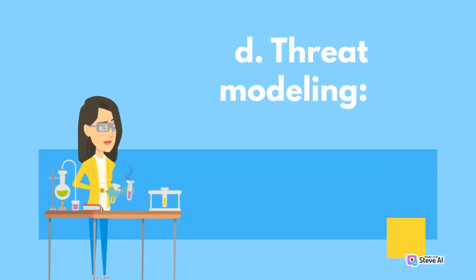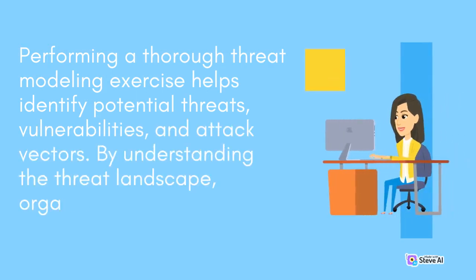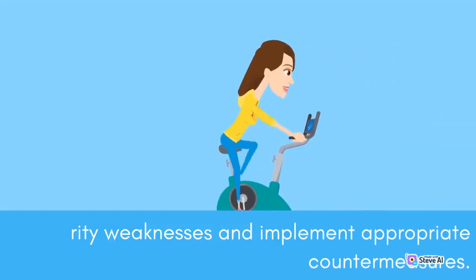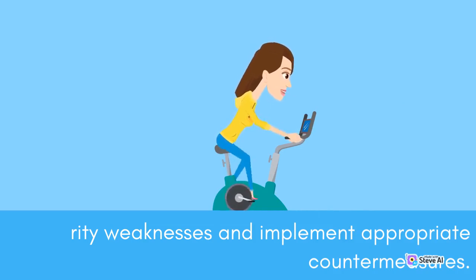D. Threat modeling. Performing a thorough threat modeling exercise helps identify potential threats, vulnerabilities, and attack vectors. By understanding the threat landscape, organizations can proactively address security weaknesses and implement appropriate countermeasures.